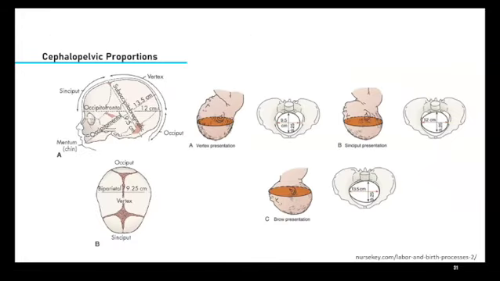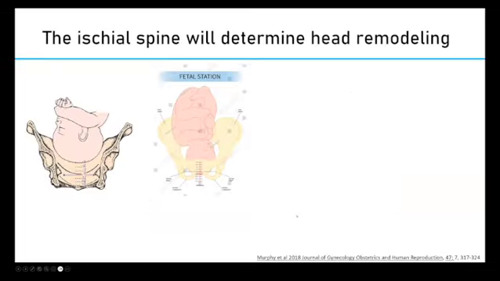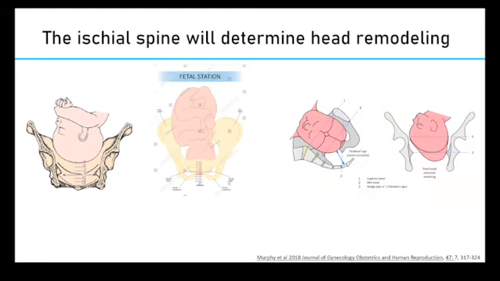What's important about that is the birth canal will then determine things like the presentation of the child's head, whether it's vertex or sinciput or brow presentation. But it also determines other things as well, such as the remodeling of the child's head.